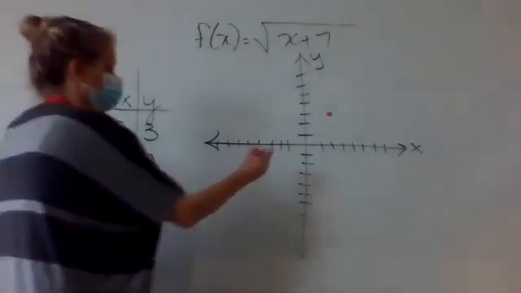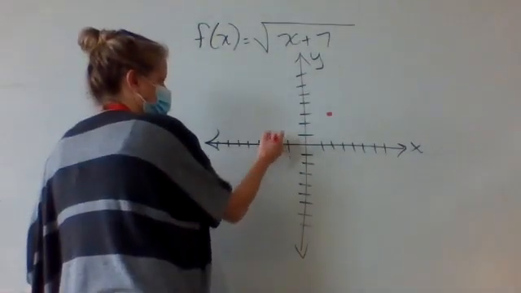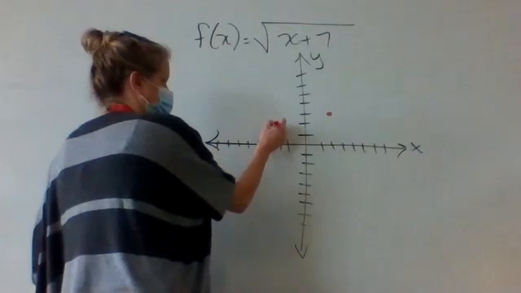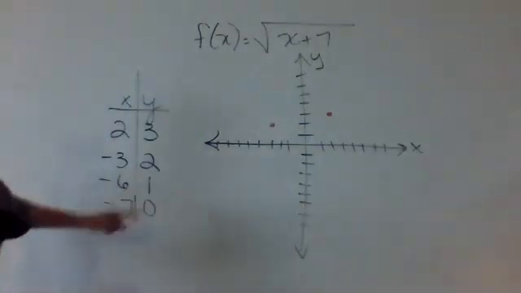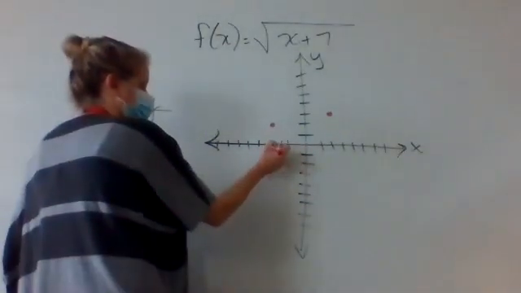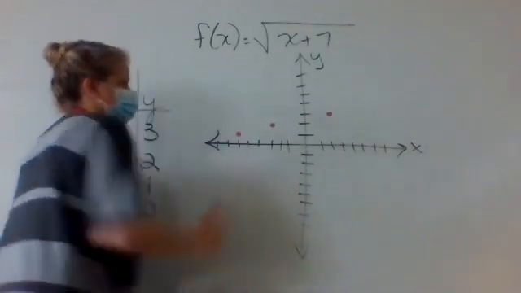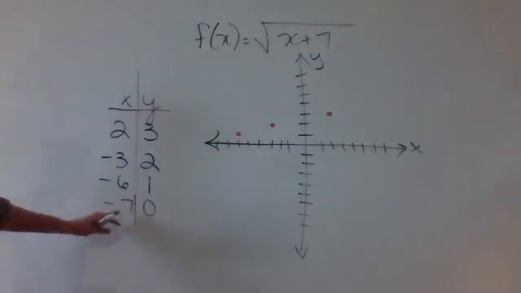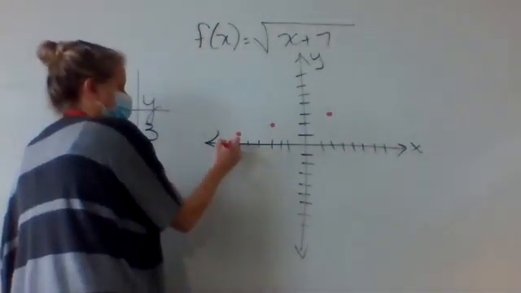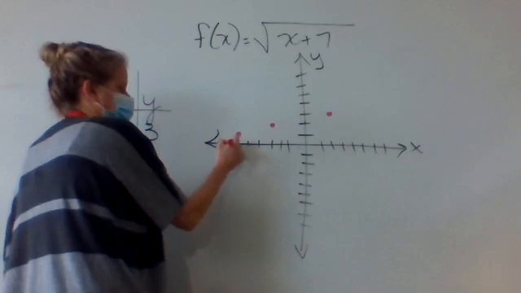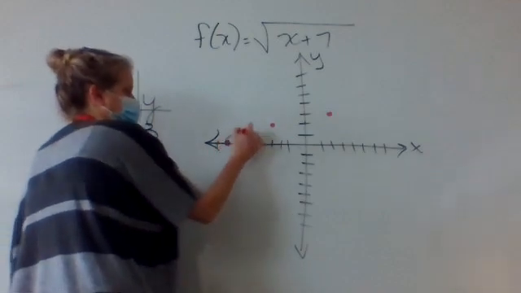Negative 3, 2, which would be to the left 3 and up 2. Negative 6, 1, so to the left 1, 2, 3, 4, 5, 6 and up 1. And negative 7, 0. So to the left 7 and then up and down 0. So it's right there on the x-axis.